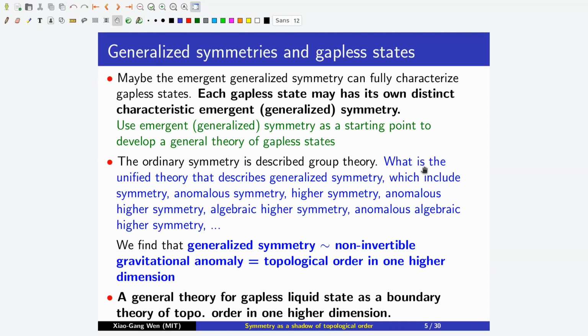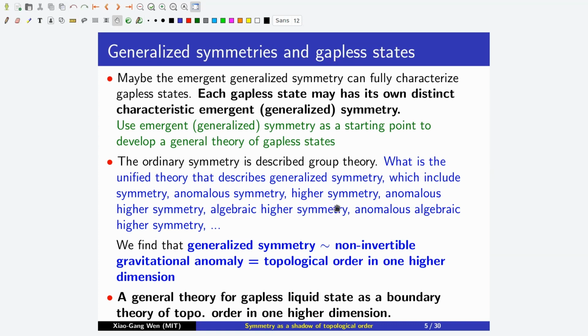Okay. Let's imagine this is indeed doable. Suppose we can indeed use this emergent symmetry to develop a general theory for gapless states. Then we need to ask: what is a theory for describing the generalized symmetry? We just say that maybe it is topological order in one higher dimension.